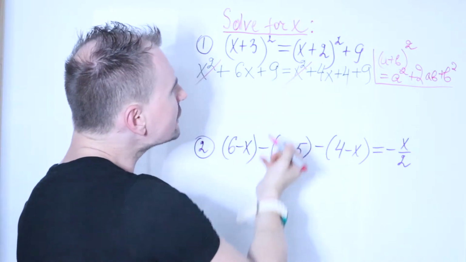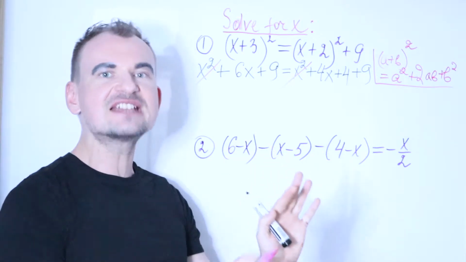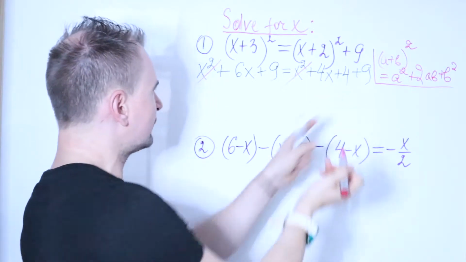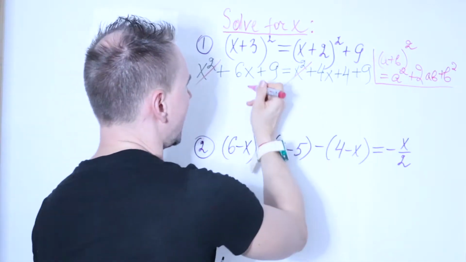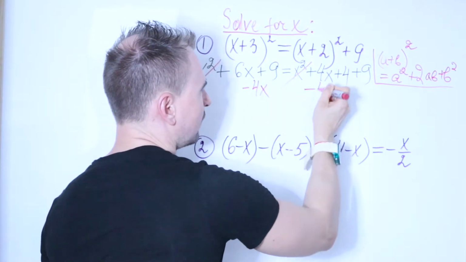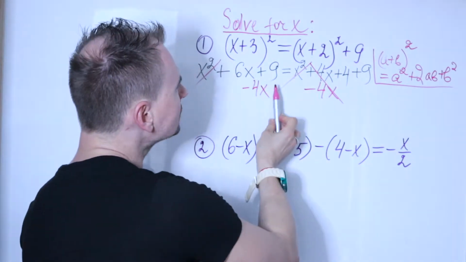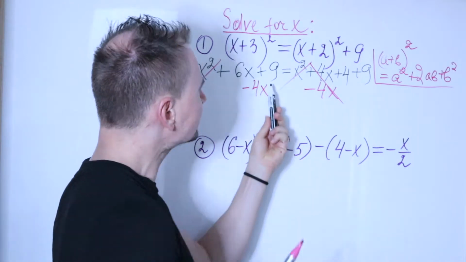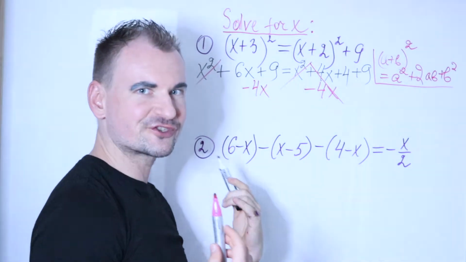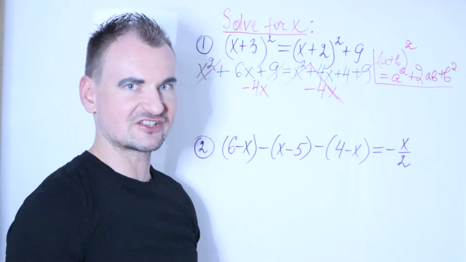Now, the way you would solve it, you want to collect your x terms on one side and your numbers, your constants, on the other side. So this 4x, you want to bring it to the left side. So you want to do the opposite: you subtract 4x from both sides. 4x goes away, and also you have 9 and 9, the same constant, the same number, so you could also delete them because it's the same.